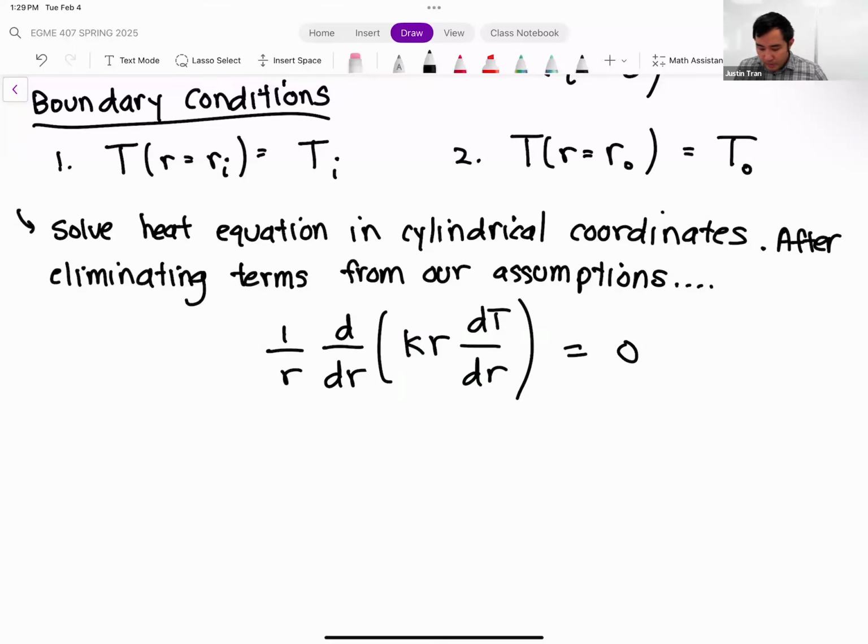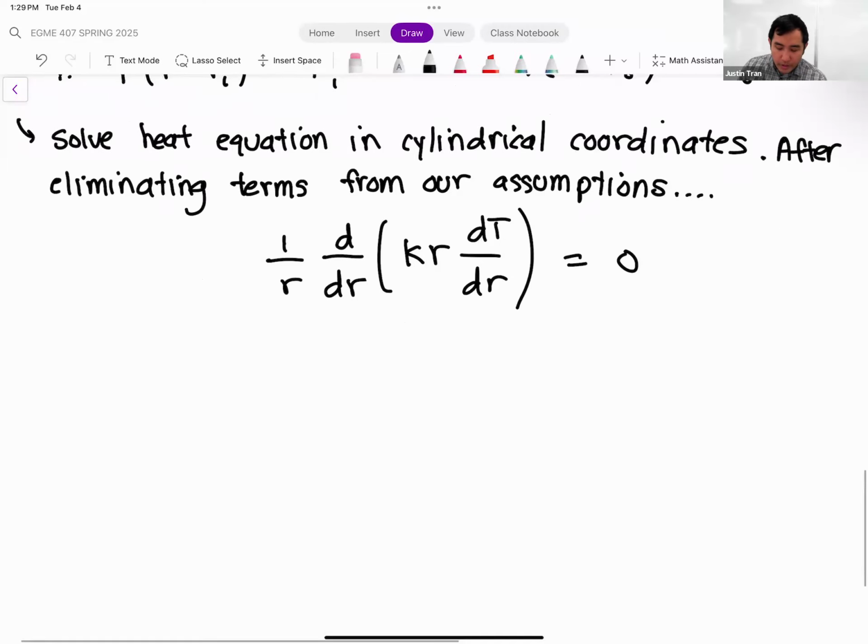All right, so let's go ahead and solve this. We're going to make use of the fact that one side of our equal sign is 0 here. So let's multiply both sides by r. What that's going to do is eliminate the 1 over r from the left-hand side of the equation, and on the right-hand side we have 0 times r, which is still 0.